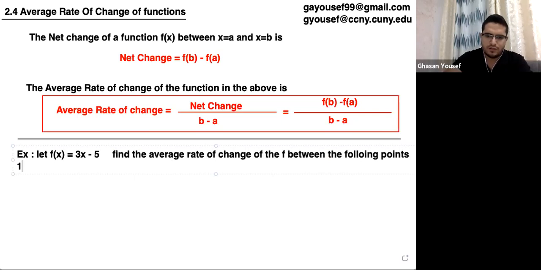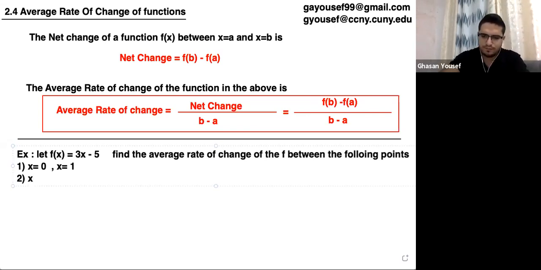For number 1, suppose my points are x equal 0 and x equal 1. For part 2, x equal 3 and x equal 7.